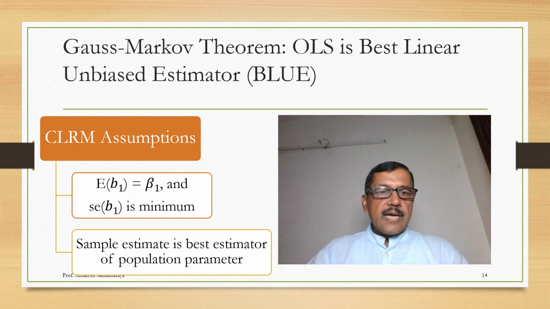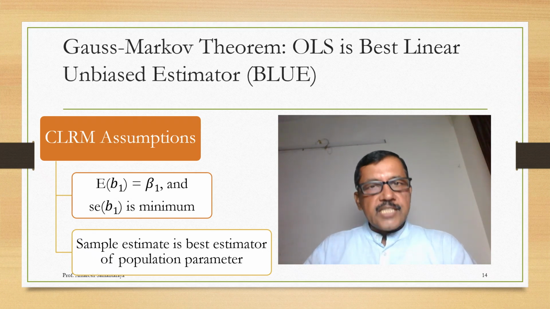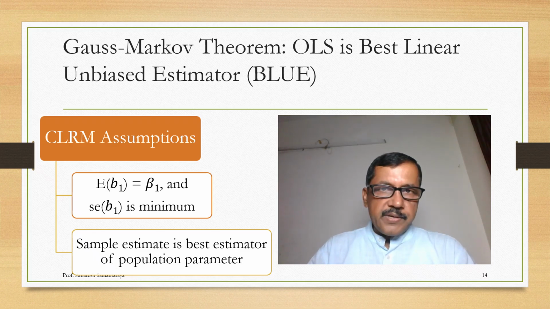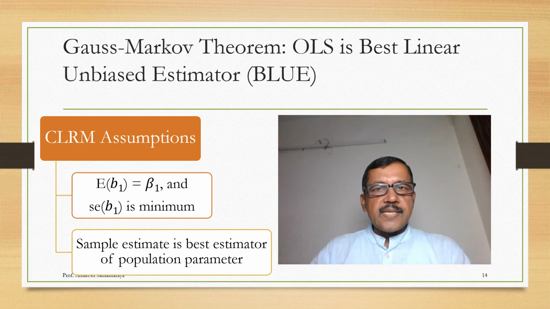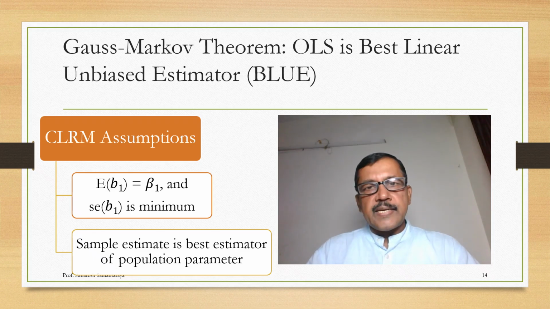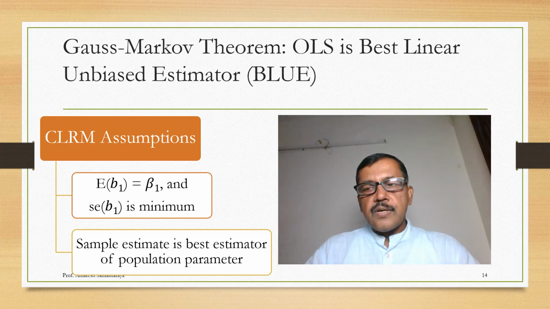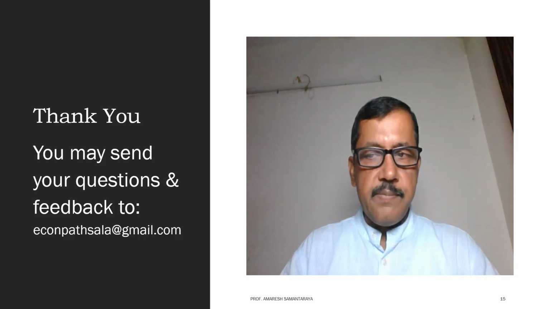So as long as CLRM assumptions are satisfied, perhaps there is no need to look for a second estimator. We can use this simple ordinary least squares procedure to estimate beta 1 and beta 0, and our estimate of beta 1 will be equal to the population parameter with minimum variance. That is the best thing we can expect to conclude about the population parameter based on our sample estimate.